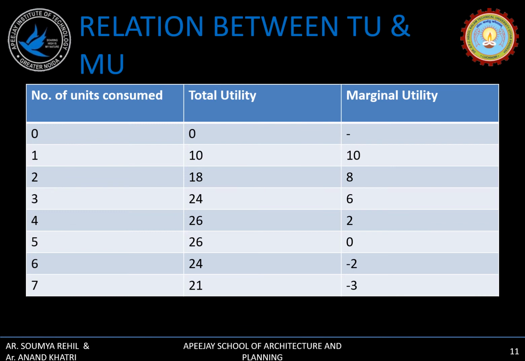Now let's look at an example to understand clearly the relation between TU and MU, that is total utility and marginal utility. Let's take an example wherein you have gone to visit someone where you have been invited for lunch.